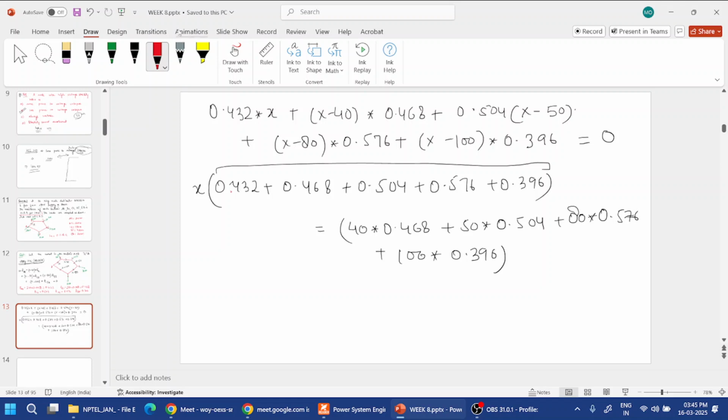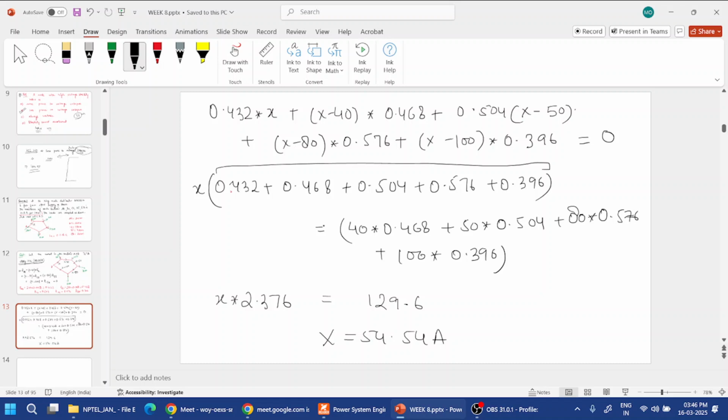Right hand side value, okay, let me see. It is 129.6, and x into 2.376. So if we divide it, what will it be? 129.6 divided by 2.376. So the value of x comes out to be 54.54 ampere.